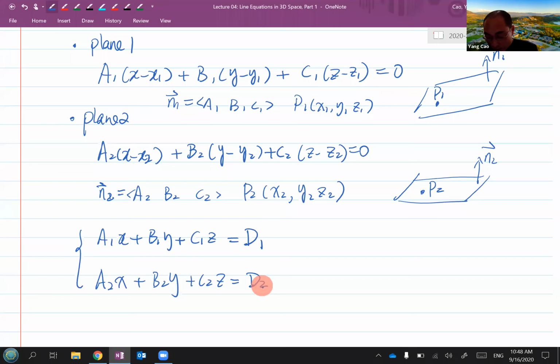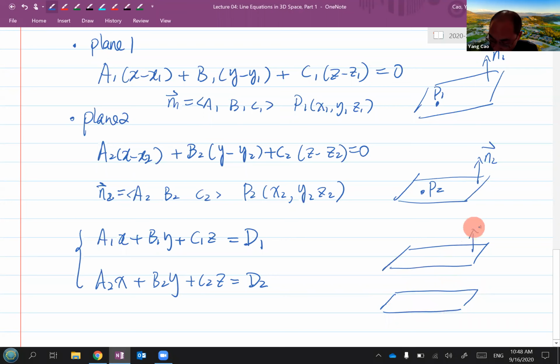So let's think about the very straightforward case. How do I know whether the two planes are parallel to each other? If they are parallel, the first one has normal vector N1 and the second one has normal vector N2.